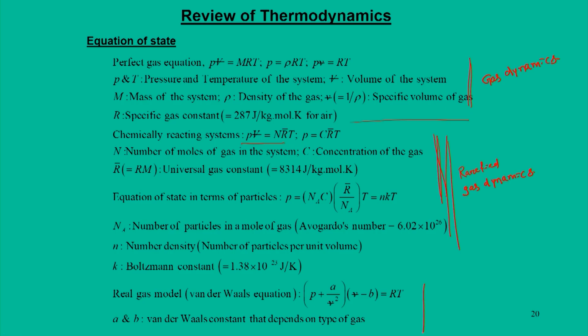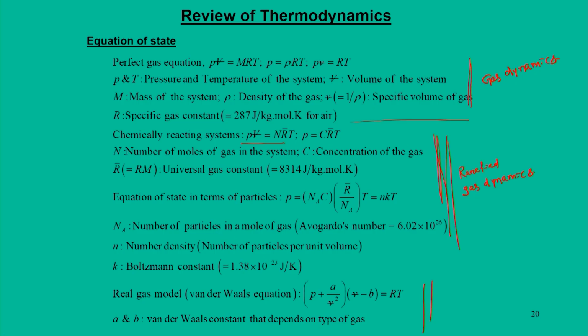And for real gas models, which is the van der Waals equation, the effect of intermolecular forces is associated with pressure by a term a by V square, and the size of the molecule is taken into picture. Total volume gets reduced by an amount minus b.